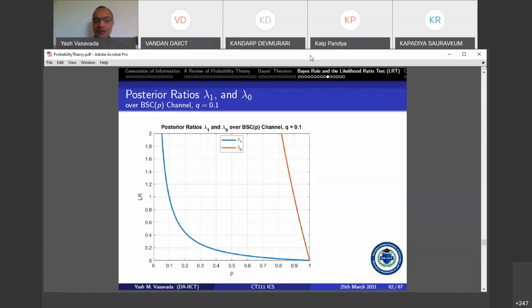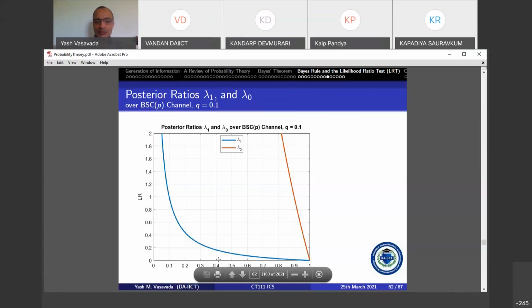Now I'm plotting lambda 1 and lambda 0 from the MAP rule. I'm not using the ML expression, I'm using the MAP expression. The only change is q became 0.1. The prior reduced from 0.5 to 0.1.